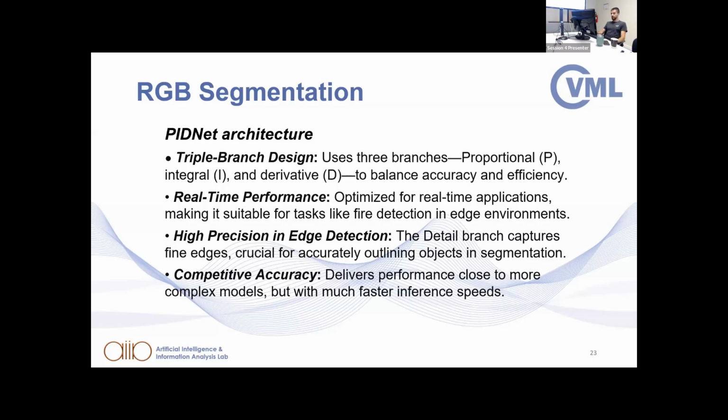We have the integral path that reduces the spatial resolution but has high semantic information. But here we have an additional path, the addition to this model, the derivative path. The derivative path tries to capture the boundaries of the objects.